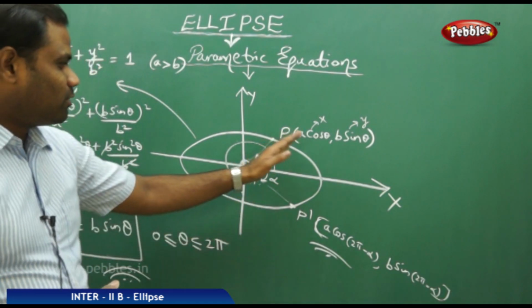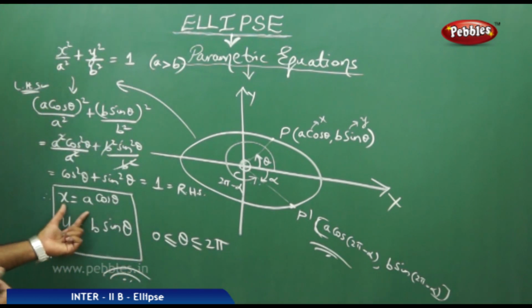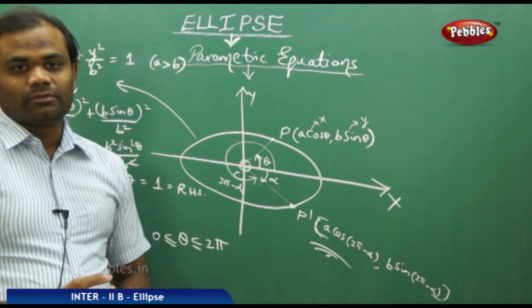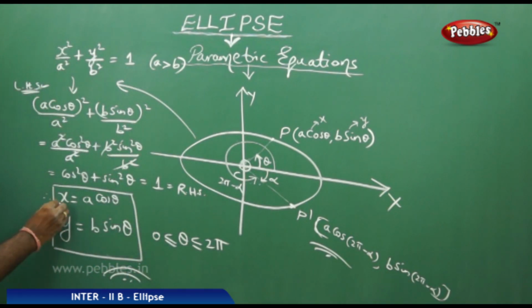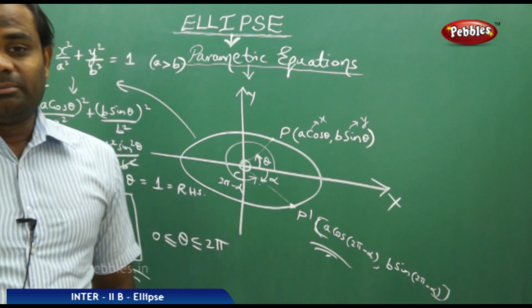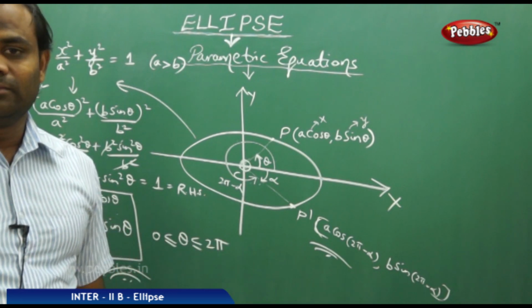Therefore, every parametric coordinate represents the parametric equation of the entire ellipse. Therefore, for each theta, x equal to a cos theta and y equal to b sin theta, with theta between 0 and 2π, are called the parametric equations of the ellipse in standard form.